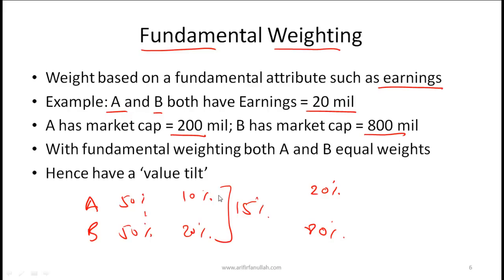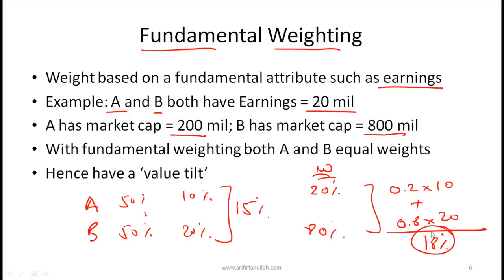So these are the weights based on market capitalization. Given A going up by 10% and B going up by 20%, how much would the index go up? The index would go up by 0.2 times 10% plus 0.8 times 20%, which is 18%.